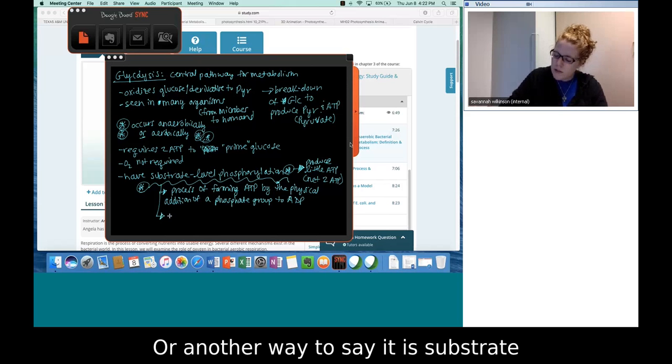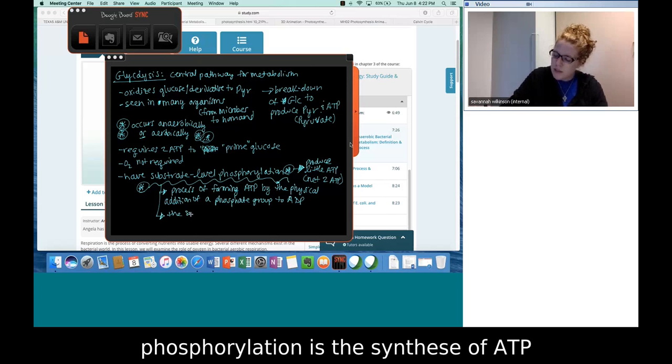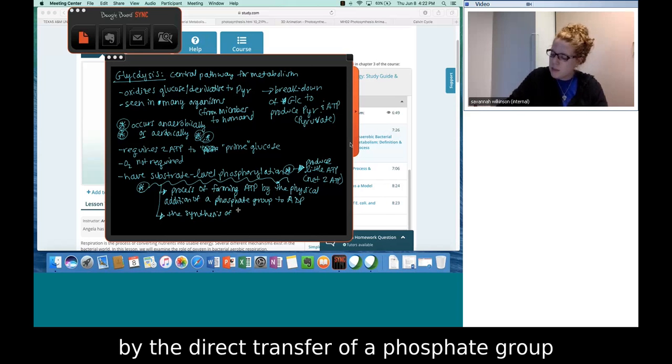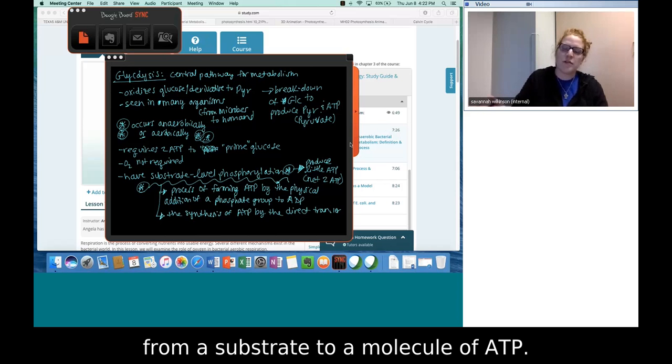Or another way to say it is that substrate level phosphorylation is the synthesis of ATP by the direct transfer of a phosphate group from a substrate to a molecule of ADP.